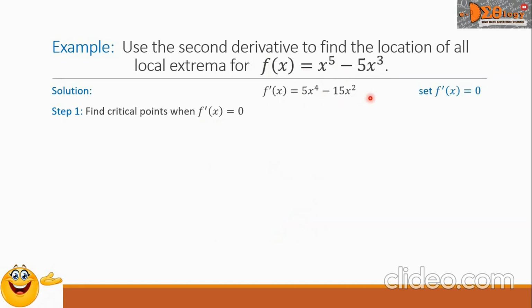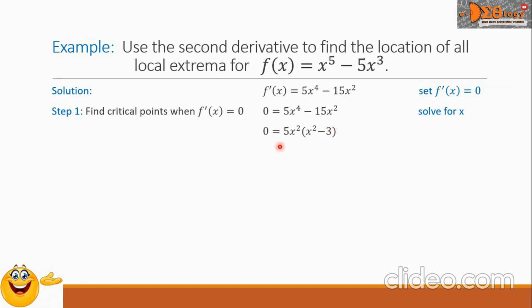Let us set the first derivative equal to 0, so we have 0 equals 5x raised to 4 minus 15x squared. Now let us solve for x. Let us factor out the greatest common factor from each of the terms.